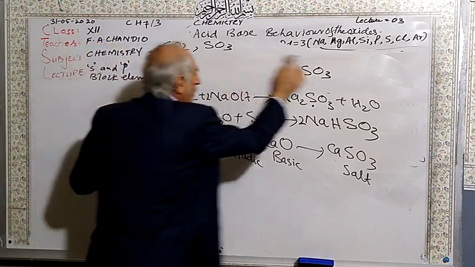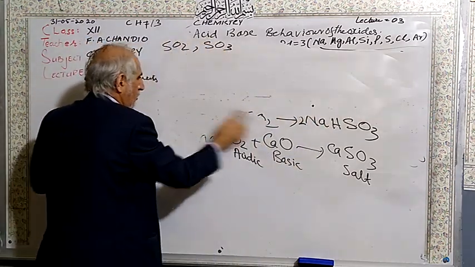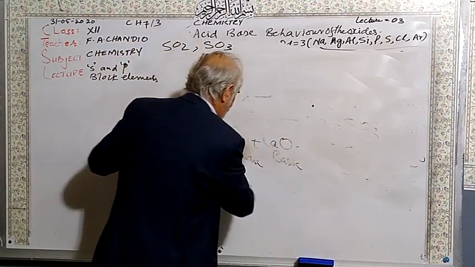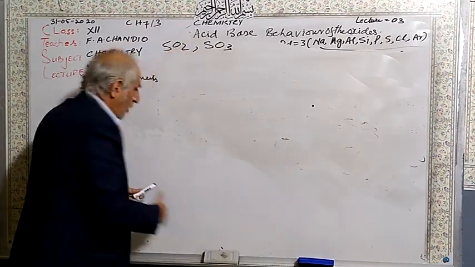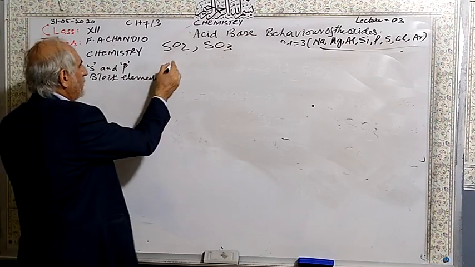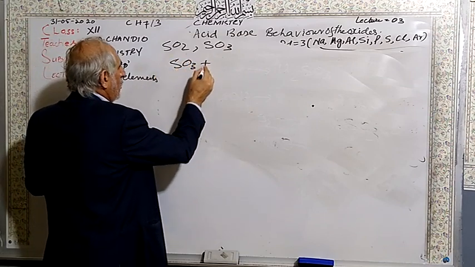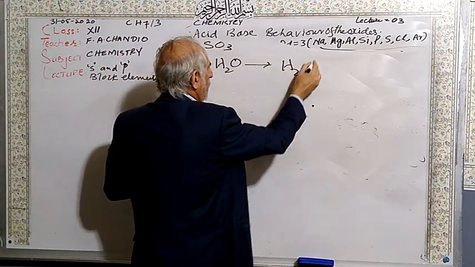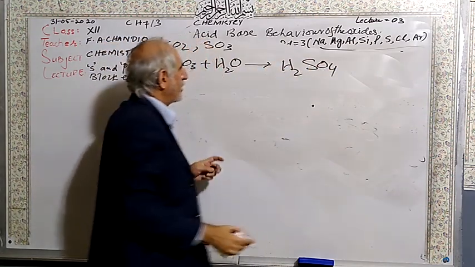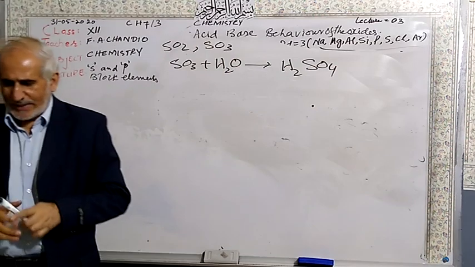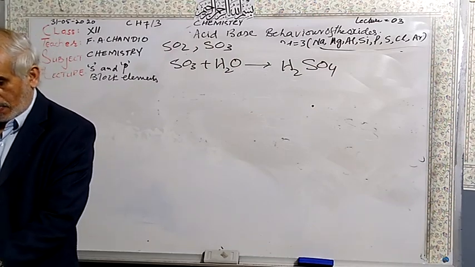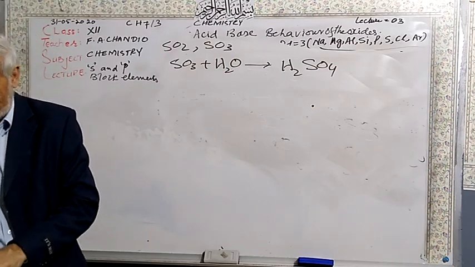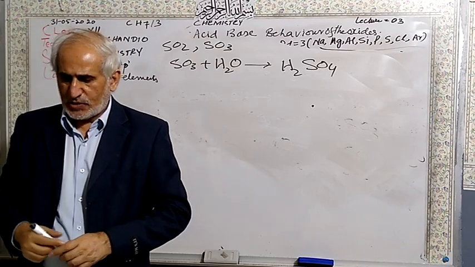Now, sulfur trioxide. Sulfur trioxide plus water gives sulfuric acid. Sulfuric acid is the king of the chemicals, very valuable. It has a very high value in industries.